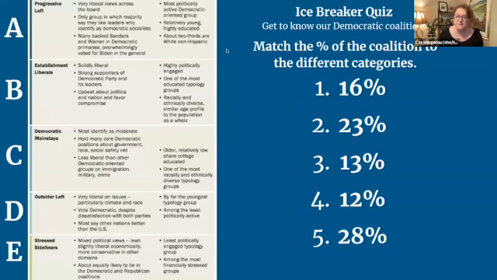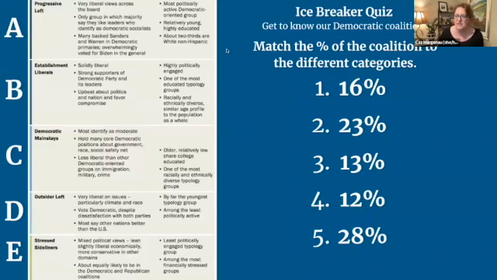Next is your Democratic mainstays. So these are older, they're a relatively lower share of people who are college educated, and it's one of the most racially and ethnically diverse groups. So what percentage do you think falls into that? Next is outsider left. This is by far the youngest group. These are your young kids, and they're amongst the least politically active.